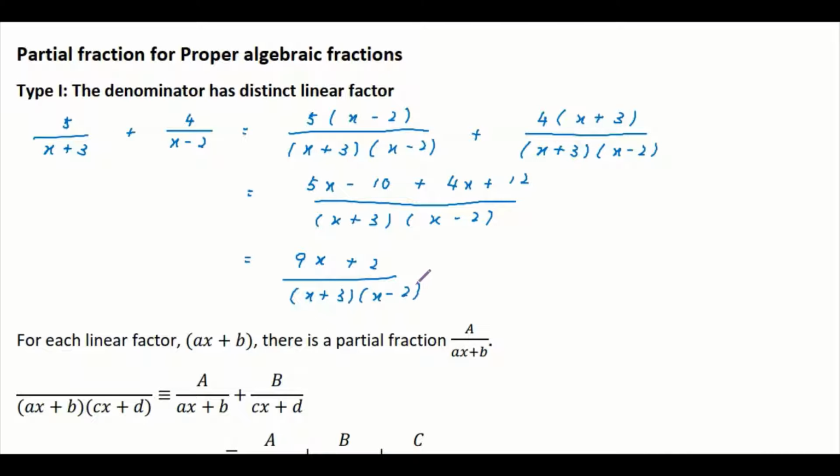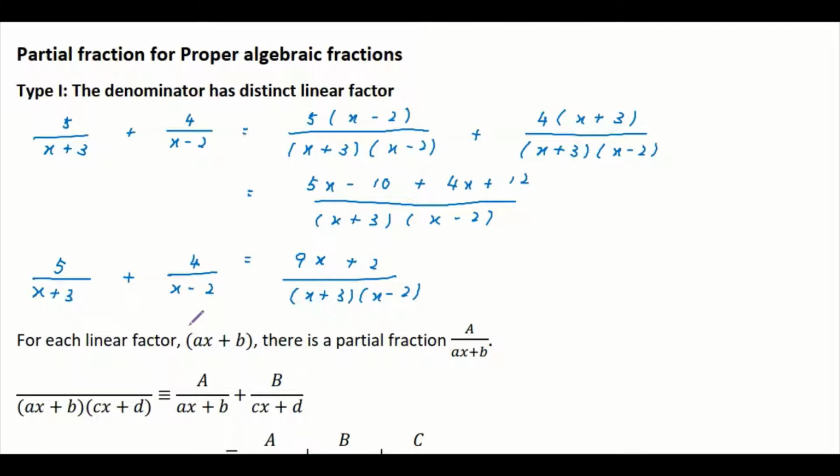Now I want you to look at this equation in reverse form. Let me write this down, copy this again. I hope you can see this. For any compound fraction that has a denominator of linear factors, when you do the reverse to get partial fractions, you are going to get fractions with the denominators as your linear factors.